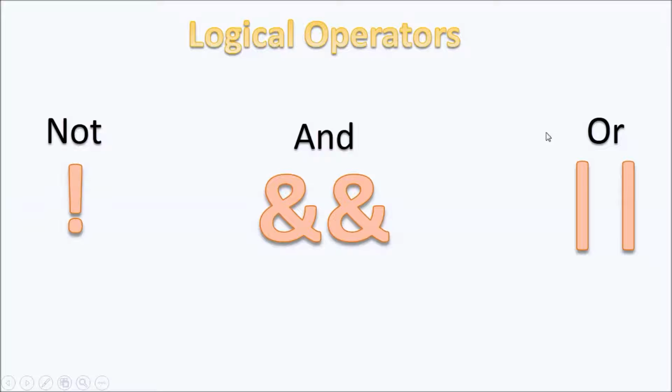And the not operator just reverses the values. If the and gets true, then the not will make it false, and if it gets false, it will make it true. Same for the or. It is just for reversing the values.